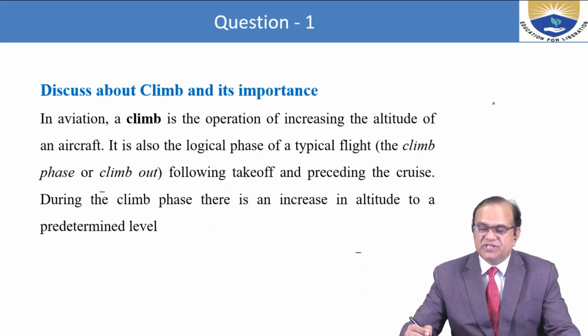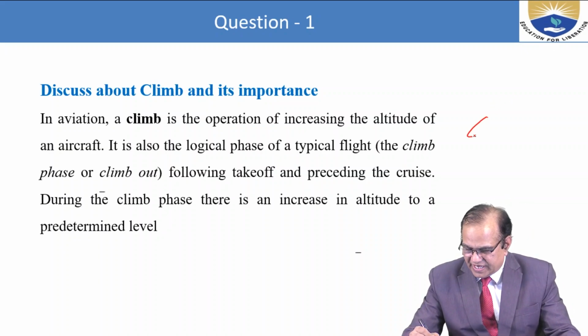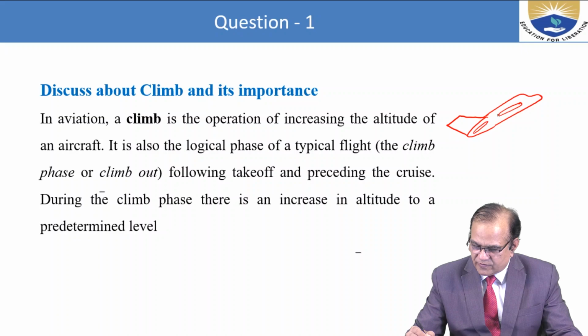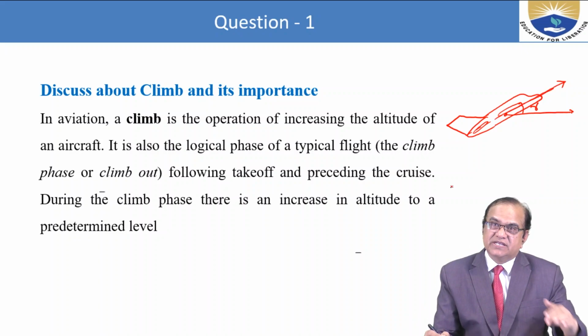So if I talk about this, this is the aircraft. This is our tail. This is here a wing. This is the horizontal tail. So if I talk about the climb, this is the horizontal, this is the climb angle gamma, and your aircraft is moving in this way.